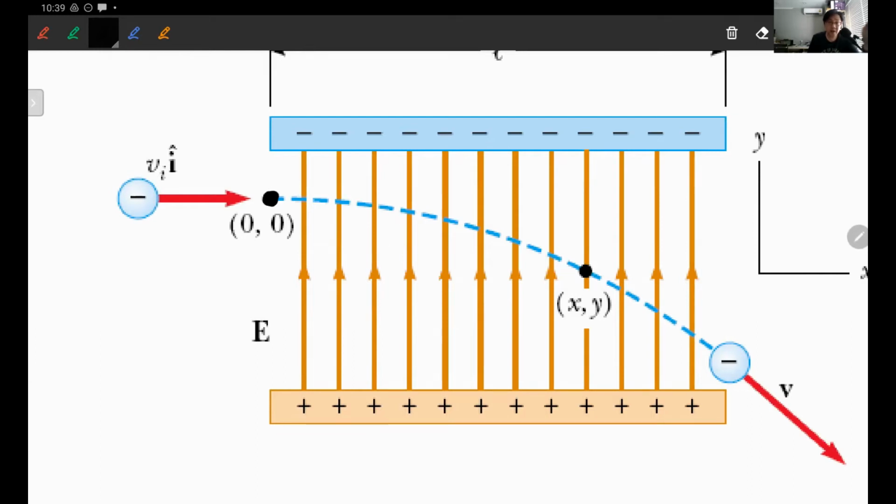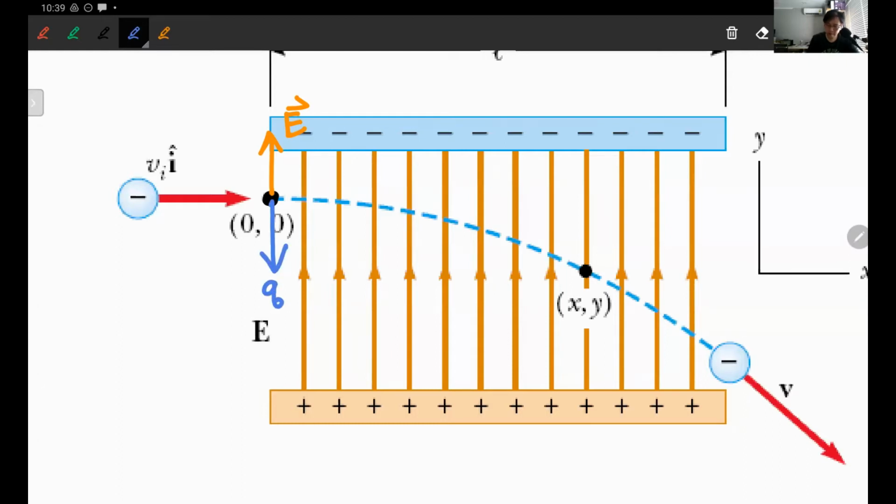Once you're in here, this electron will experience the force right away because it has already entered the field. Because the field is pointing up, let me write it here. The field is pointing up. It will experience the force equal to the charge times the field. However, because the charge is negative, the force will point down. You guys with me?